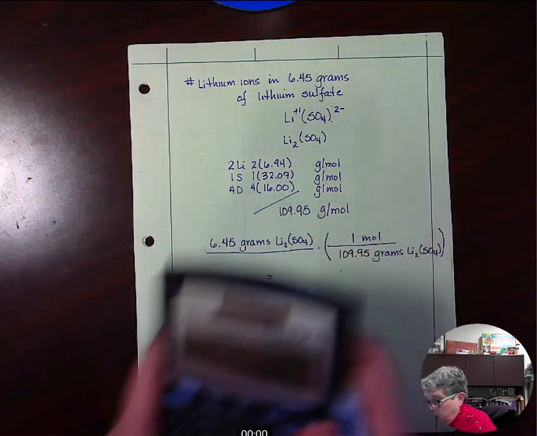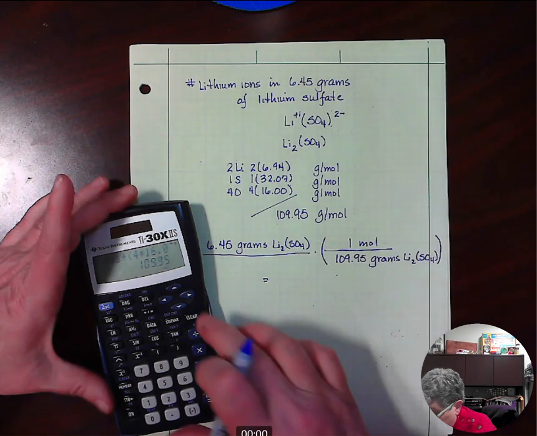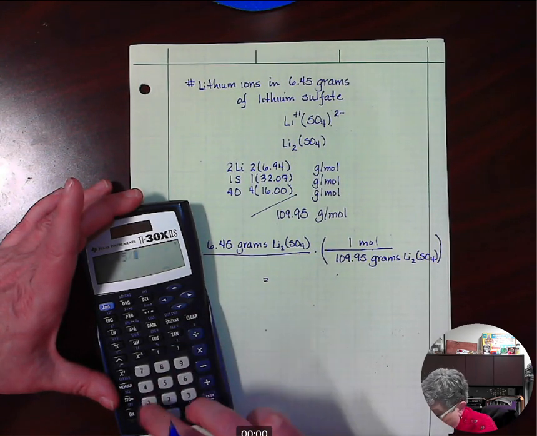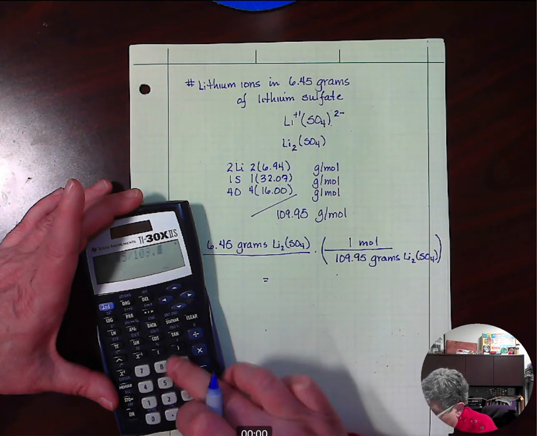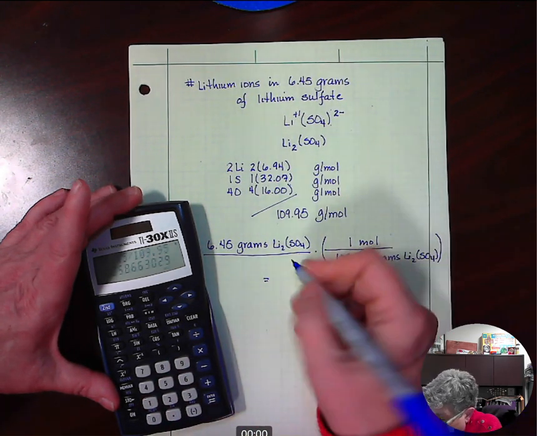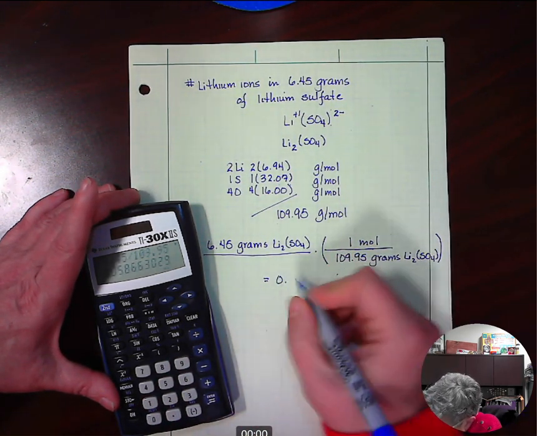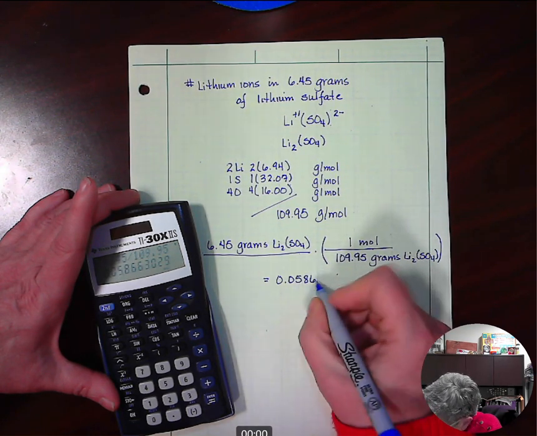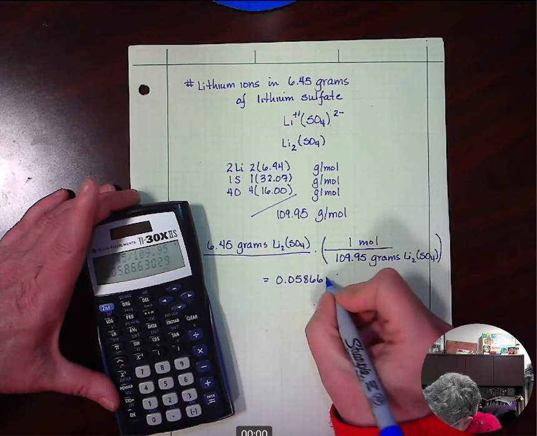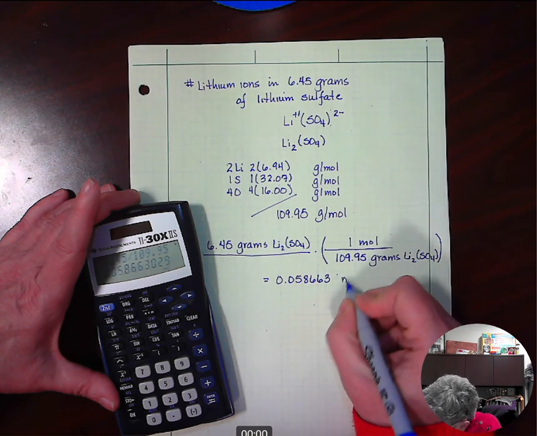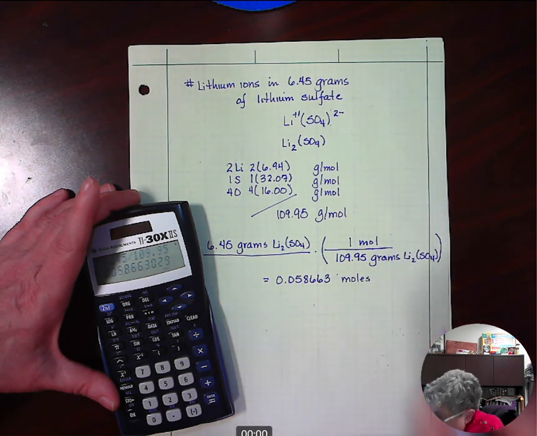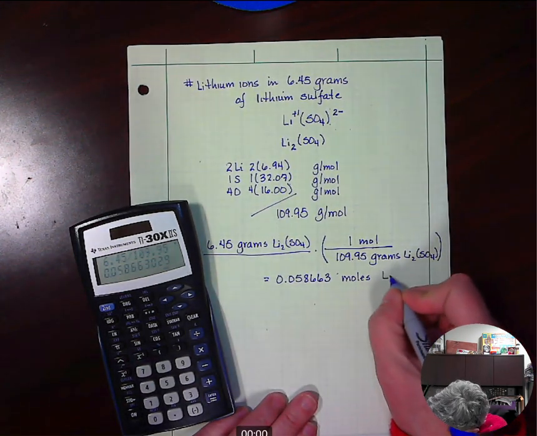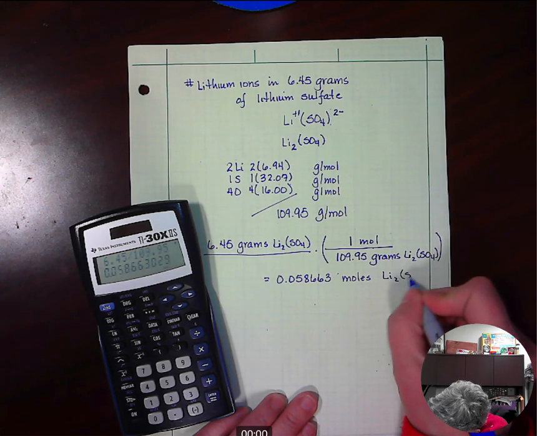So I'm going to take my 6.45 divided by my 109.95. And this says I have 0.05863 moles of my lithium sulfate.